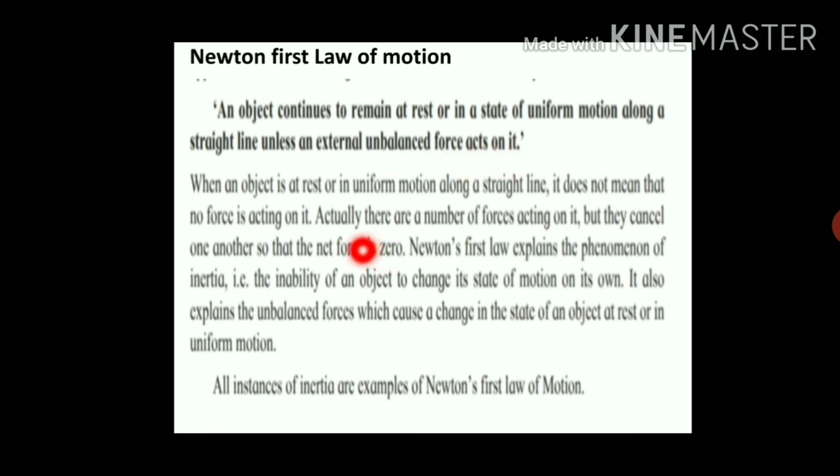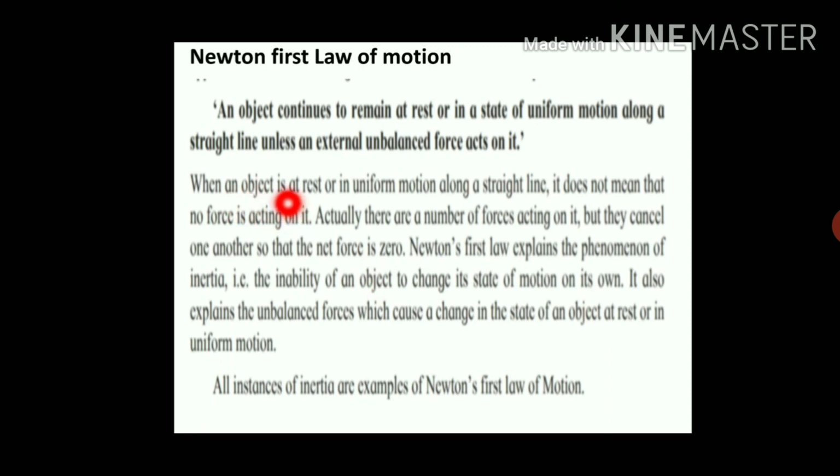Till an external unbalanced force is acting on any body, if the body is in a rest position, it remains in rest position. If the body is in motion, it remains in motion.